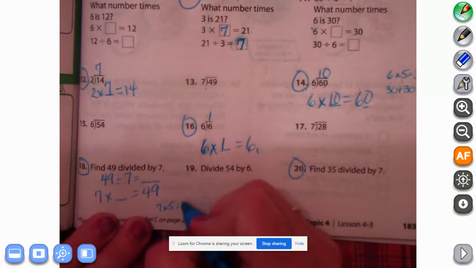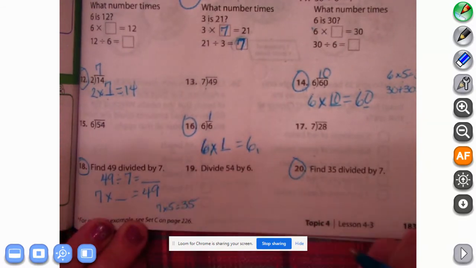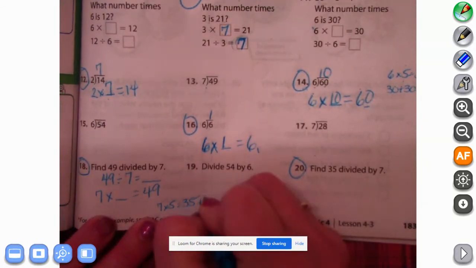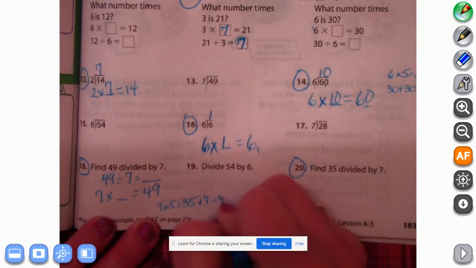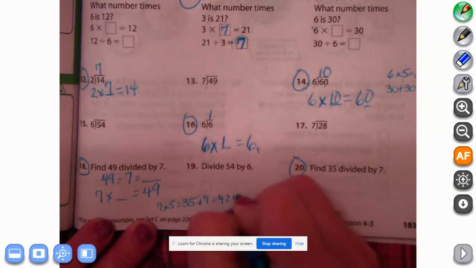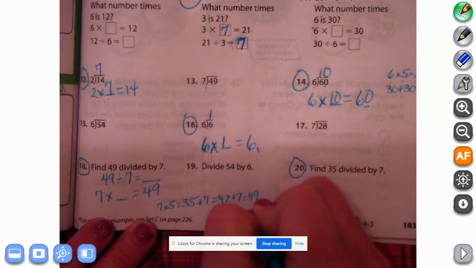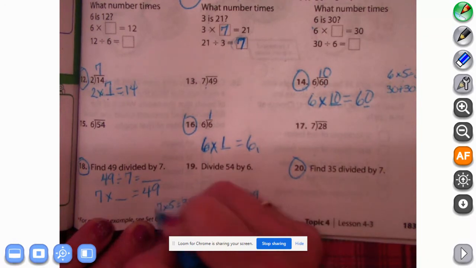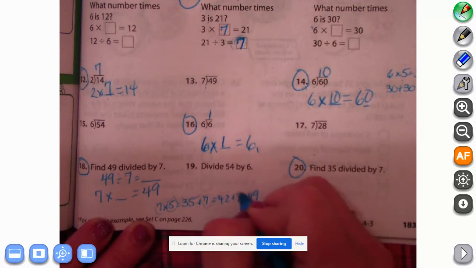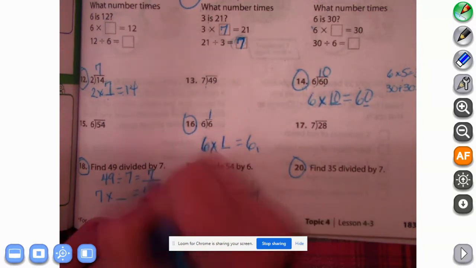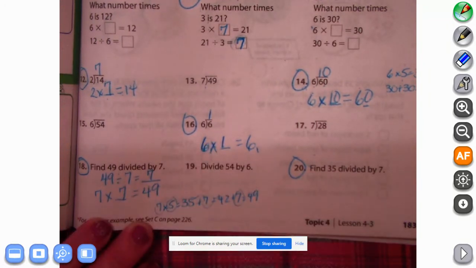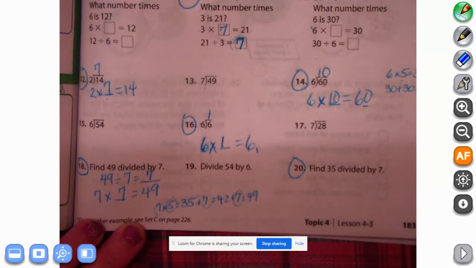Okay, so that's 35, and we need to get up to 49. So if I have 35 plus 7 more, it's going to be 42. Plus 7 more is going to be 49. So that's 5, 6, 7. Therefore, 7 times 7 is 49, and 49 divided by 7 is 7.